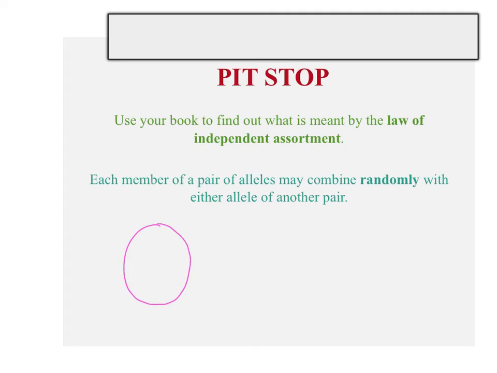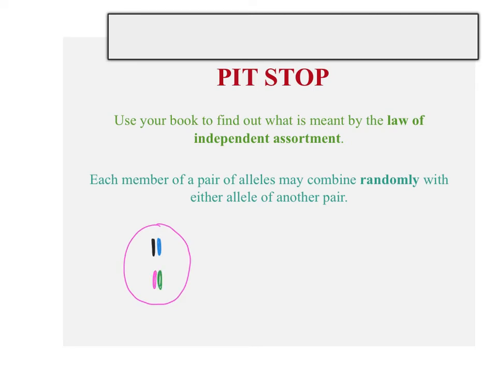Imagine this cell, a cell from a fly, that only has 2 chromosomes in it. One arm of the chromosome is that way, and the other arm has the same genes but different alleles, and then I've got another chromosome underneath it. We've got that one and that one.